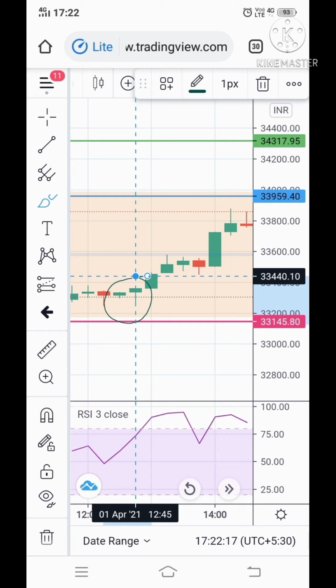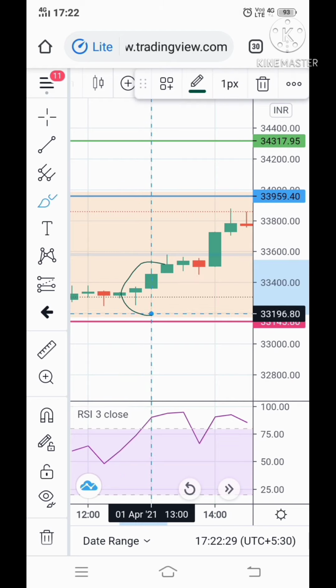But can we take a trade here? No, because the corresponding RSI is lower than 80. So this is not the right setup for us. But these two candles give us a good and proper trading setup.